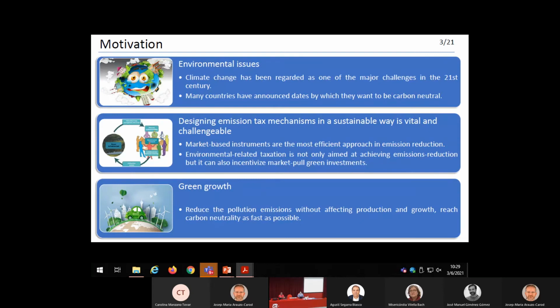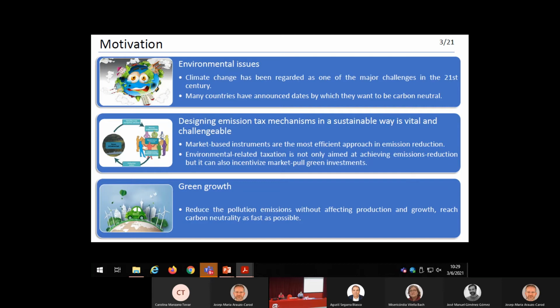So what motivated us to do this paper? There are mainly three reasons. The first one is the importance of environmental issues. As we know, climate change has been regarded as one of the important challenges of the 21st century. So many countries have announced the date by which they want to be carbon neutral. Therefore, designing emission tax mechanisms in a sustainable way is vital and challenging.